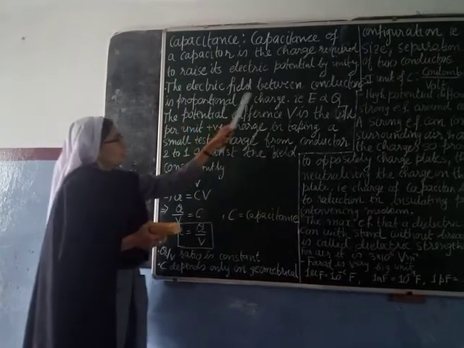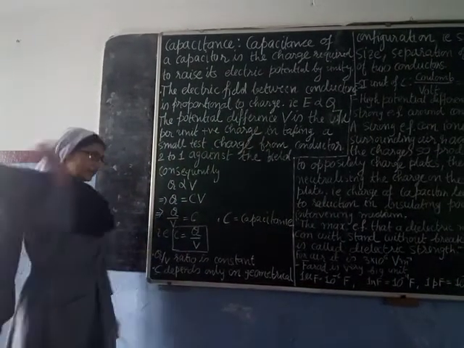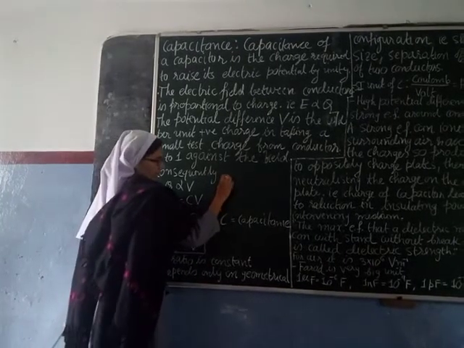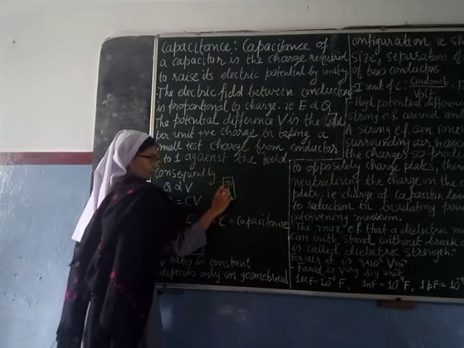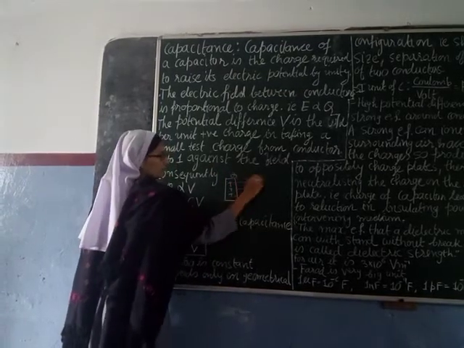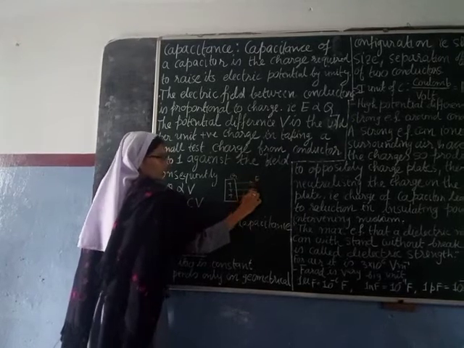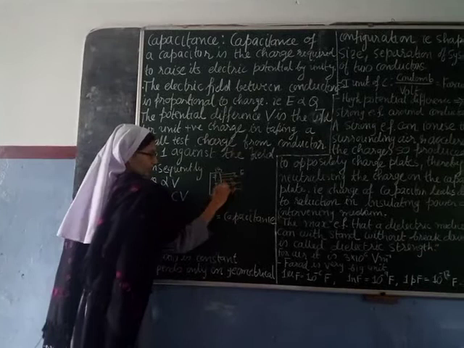Now the electric field between conductors is proportional to charge. Suppose I have a conductor here, and if I increase the charge on it, the electric field lines increase.